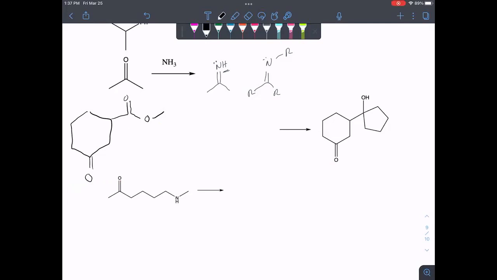Because of the ester, and then there's also a ketone. Yes, you have to protect the ketone. What's one way that we learned in chapter 16 that you can do that? Yeah, you use a diol. You basically use a cyclic acetal.